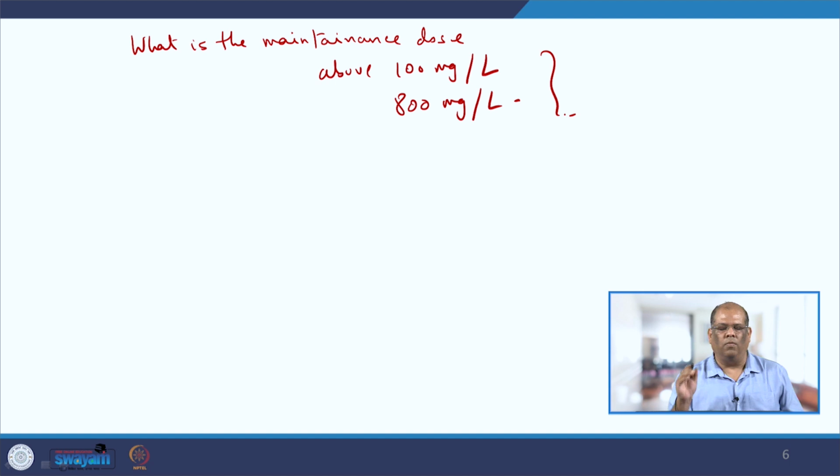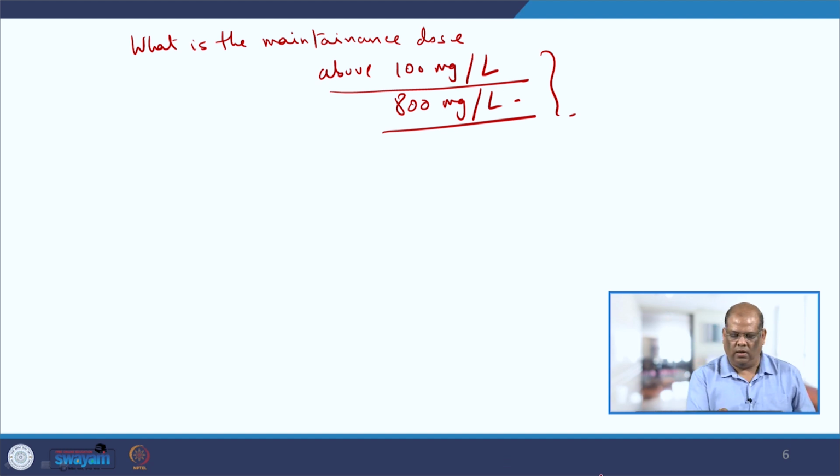How much drug should you give? It should have a range such that it always lies above 100 mg, which is required for the drug to be effective, and below 800 mg per L, so that there is no overdose.